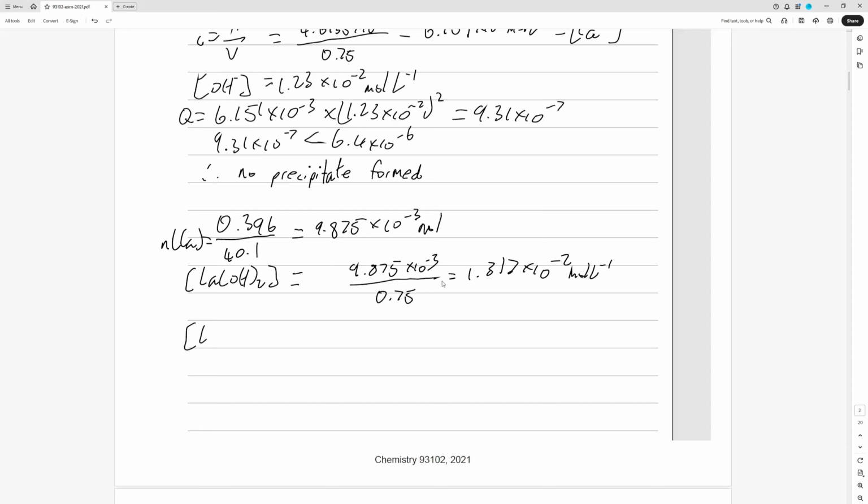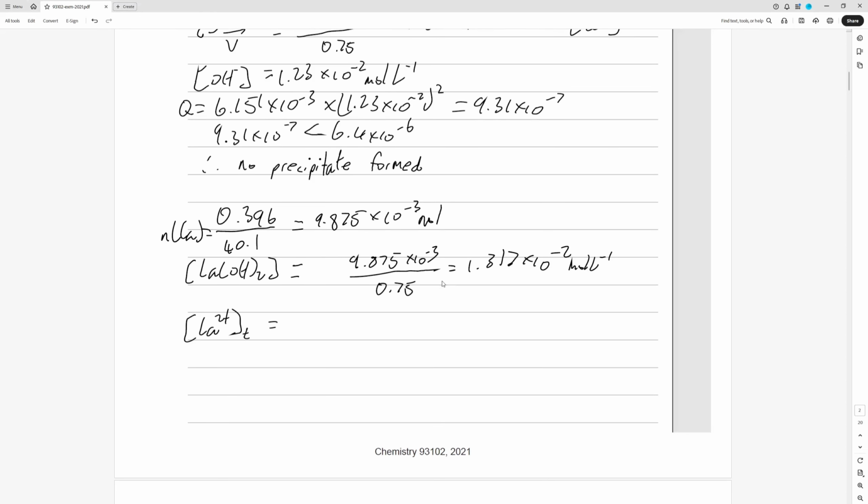So the concentration of calcium 2+ ions in total is going to be equal to 1.317 times 10 to the power of negative 2 plus 6.151 times 10 to the power of negative 3, and this is with our initial moles of calcium. And this gives us a value of 1.932 times 10 to the power of negative 2 moles per liter.